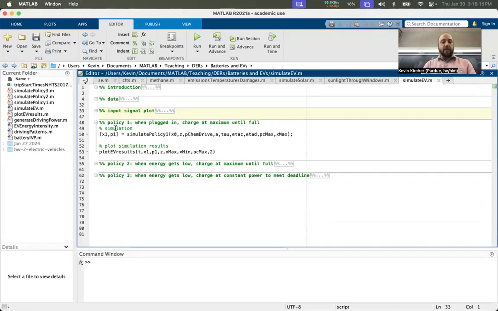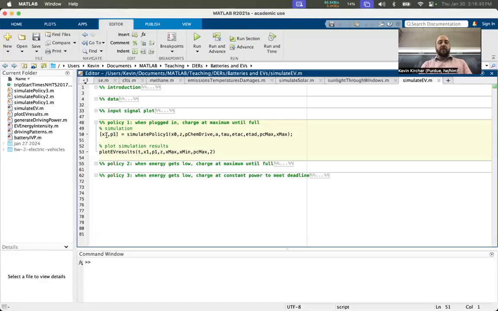And then policy number 1. So I believe now in the assignment, you're asked to basically fill in this function here. And this just implements the logic that I put up. So this one should be fairly simple, but the outputs of this function are the profiles, over time, over the 170 hours or whatever it is, of the stored energy and of the electric charging power.